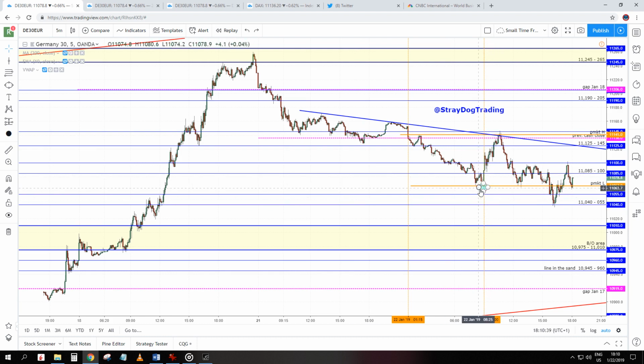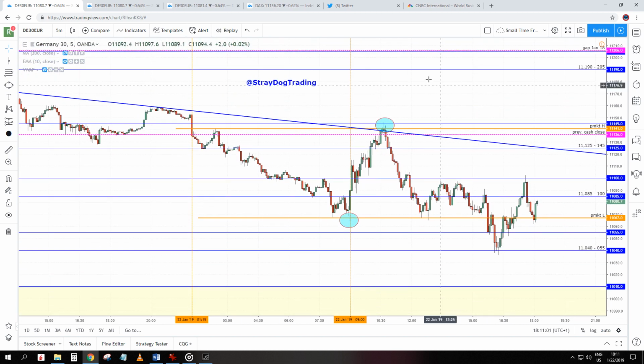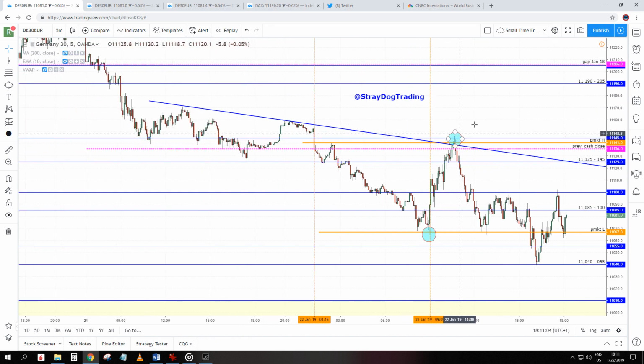So this could be an entry for you to attempt a long trade, or to wait and later jump in on a pullback to the zone. And I will place another circle here just to point to this area.